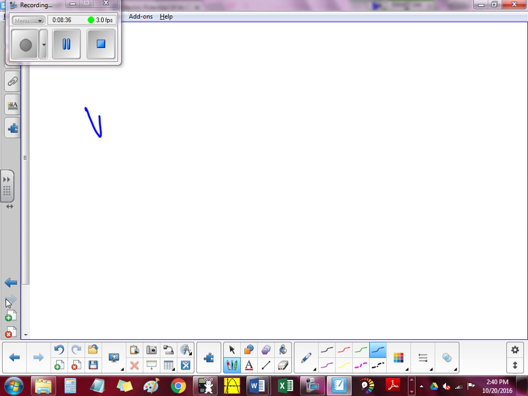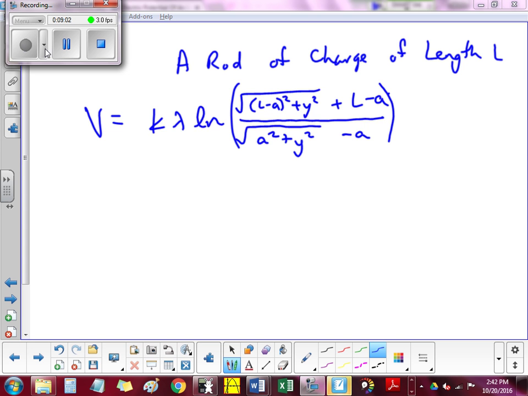Not too many days ago, before we did our lab, we had written down the V for a rod of charge of length L. If you look back in your notes, you'll see it. And we got this horrific result. Let me see if I can write it down properly. You'll remember that whenever you have ln of m over n, you could technically split that into ln m minus ln n. That might be a wise choice here, especially if we're planning on deriving this.